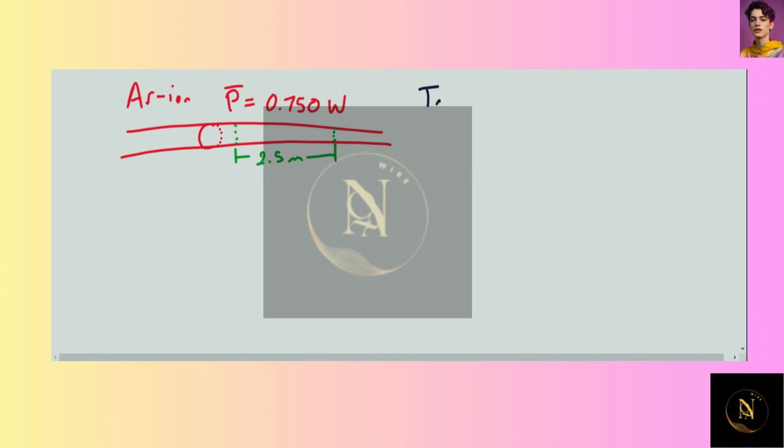So first thing we want to look at is that the total energy in that section of beam is going to be equal to its energy density, that's U, multiplied by the volume.